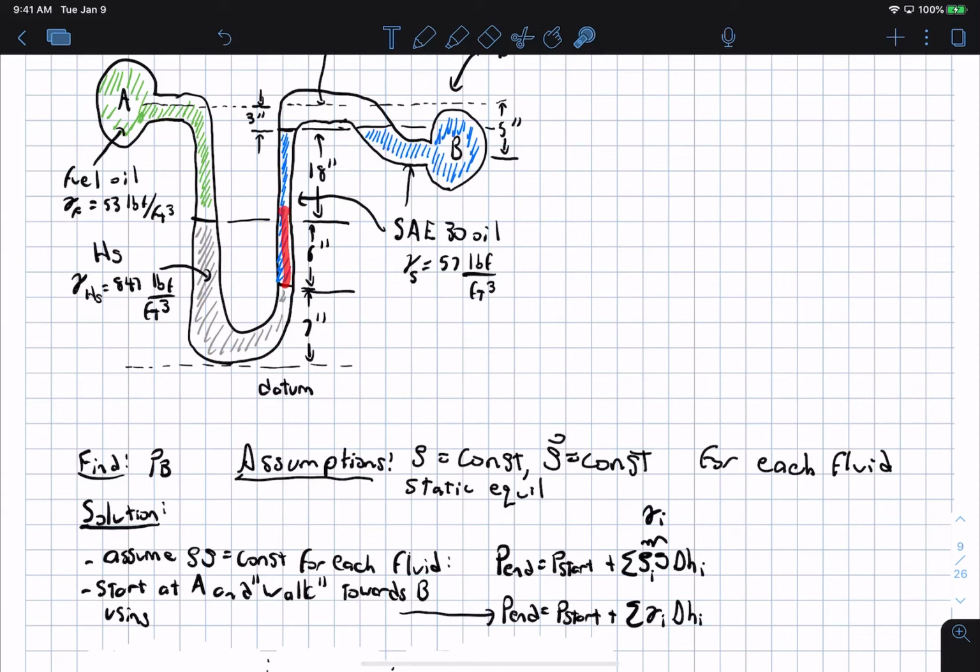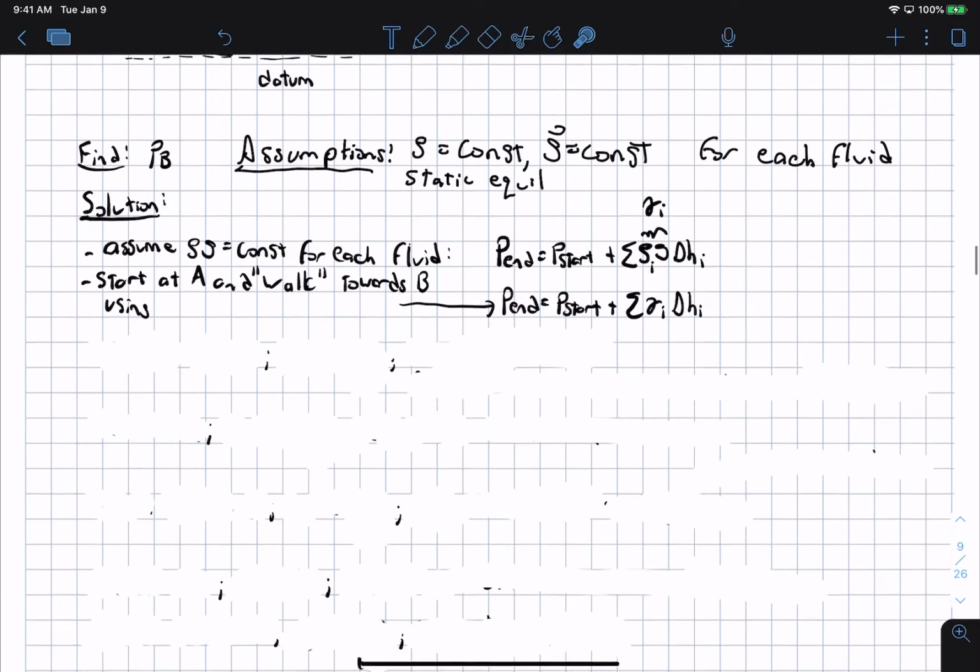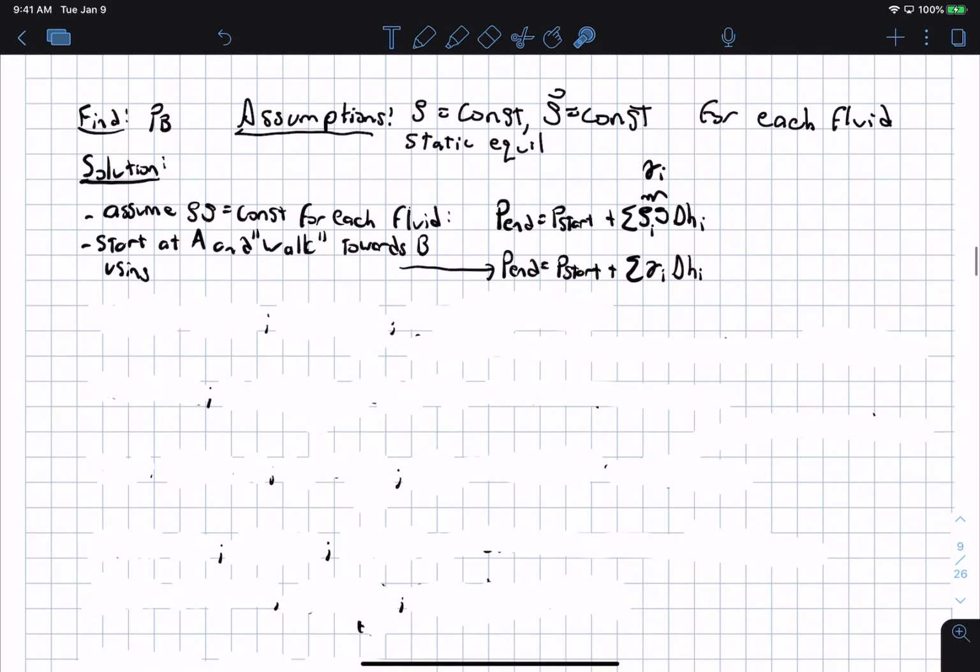I have SAE30 oil here. That is section 3. I have air here. That is section 4. And I have a second section of SAE30 oil, and I'm going to call that section 5. Even though they have the exact same fluid, I'm going to call those different sections because they're not connected.